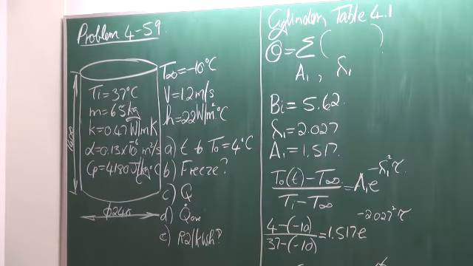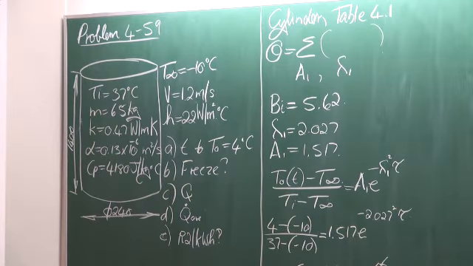The average heat transfer coefficient of 22 is given. Treating the carcass as a cylinder with a diameter of 24 centimeters, 240 millimeters, and a height of 1.4 meters, and disregarding the heat transfer from the base and the top surfaces, determine how long it will take for the center temperature of the carcass to drop to 4 degrees Celsius. Also determine if any part of the carcass will freeze during the process.